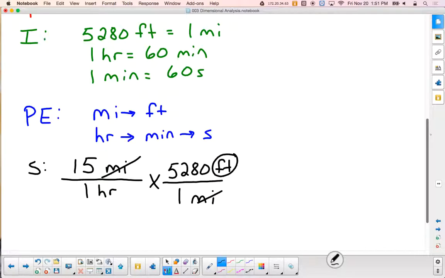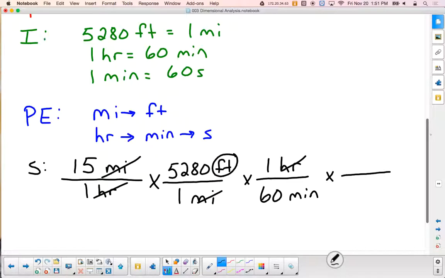Now I'm going to do the denominator. The difference here is that hours is in the bottom. So in the next step, because hours is in the bottom already, I want to put hours in the top. 1 hour is 60 minutes. And hours cancels with hours, because math works at a distance, just like it does right next door.